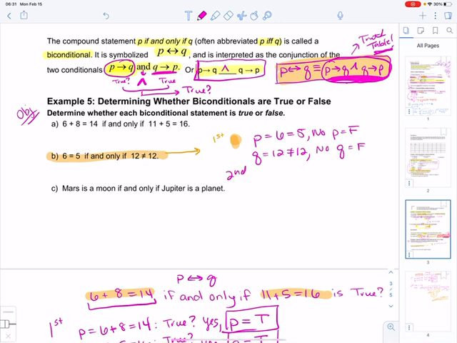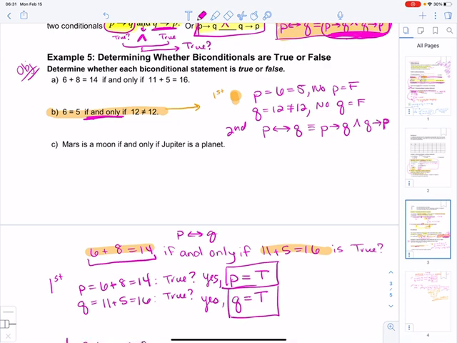My second step, it's an if and only if statement. So we have P if and only if Q, which I know is equal to P then Q and Q then P, because we got to look at it both ways.